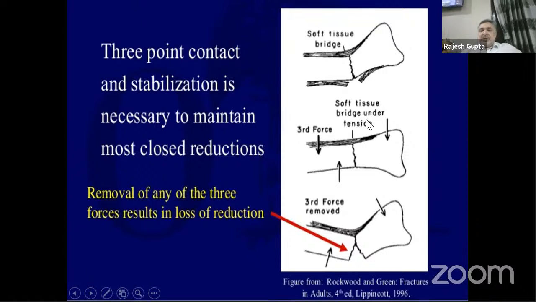When we reduce it and hold the reduction with these 3 points, this is 1, this is 2nd, and this is 3rd, the soft tissue bridge comes under tension, and if any of the force is removed, there is a loss of reduction. So this is 3-point fixation.